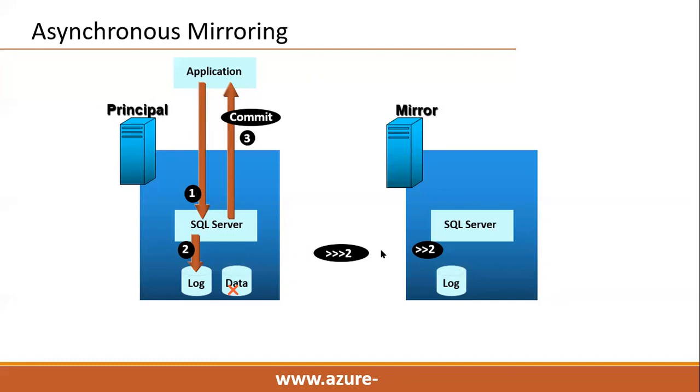In real time, in 95% of scenarios, mirroring is with synchronous mode only, with a witness server where we have automatic failover. Only temporarily, if any performance issues are there, can we switch to asynchronous mode. Again, we can switch back to synchronous mode.